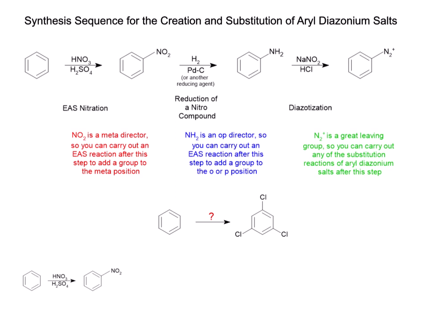So what we're going to do instead is we're going to continue with our sequence of creating the aryl diazonium salt, and we're going to reduce that NO2 to an NH2. NH2 is a strong OP director. So what we can do now is carry out an EAS halogenation reaction with excess halogen, and we'll get a polyhalogenation.